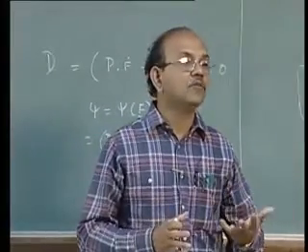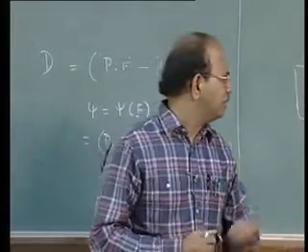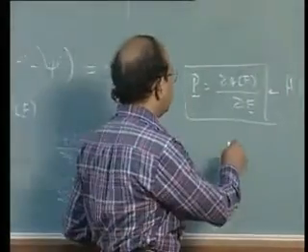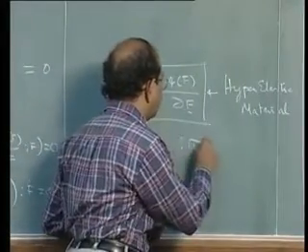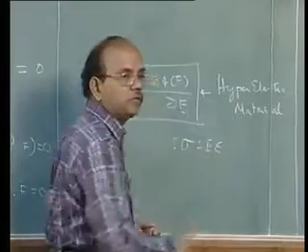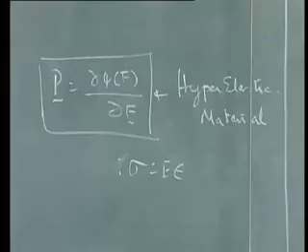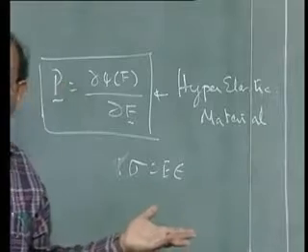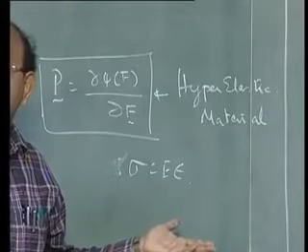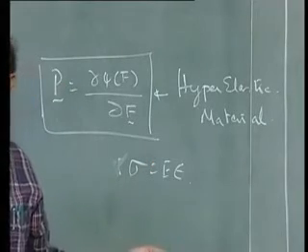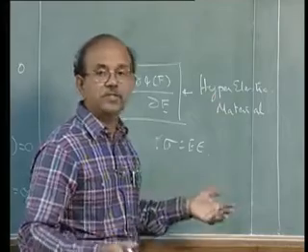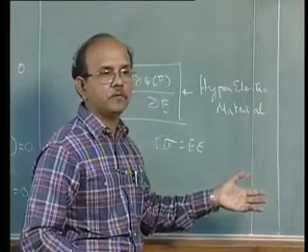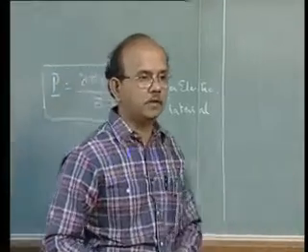To put it in a simpler fashion, I know from a very early class that sigma is equal to E into epsilon, and that this simple linear elastic rule is valid for all metals in the elastic region, whether it is steel, copper, or aluminum, and so on.